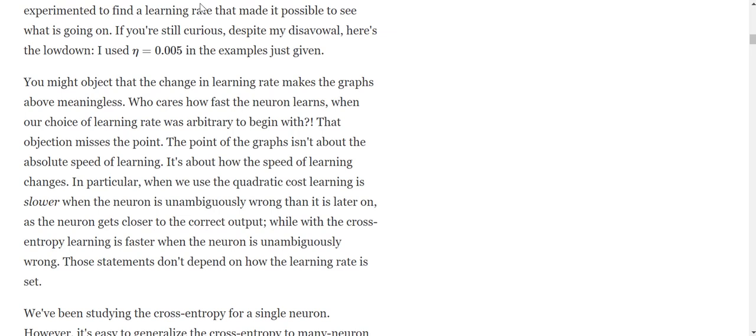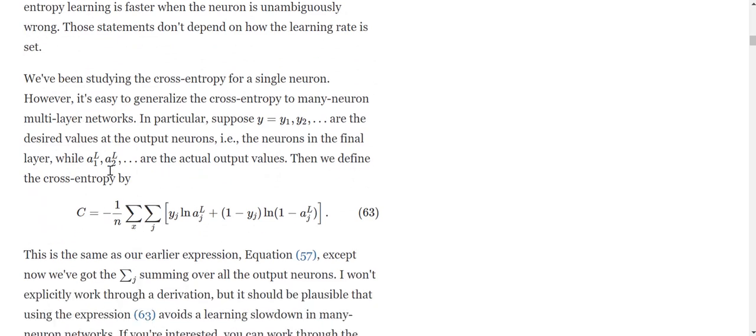With the quadratic cost, learning is quite slow when the neuron is unambiguously wrong, giving a very wrong output at the beginning. With the cross entropy, learning is faster when the neuron is unambiguously wrong. So even when the neuron is very far away from the desired target output, the learning is still quite fast with cross entropy loss.